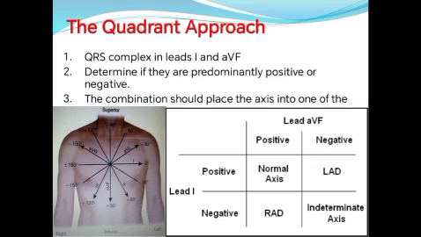If lead 1 is positive, this is normal axis. Negative, this is right axis deviation. If it is equivocal, it is indeterminate axis.